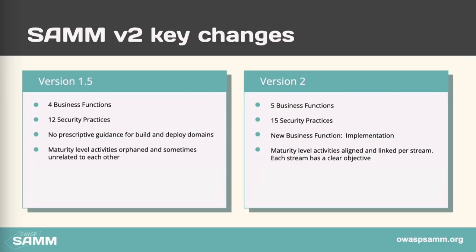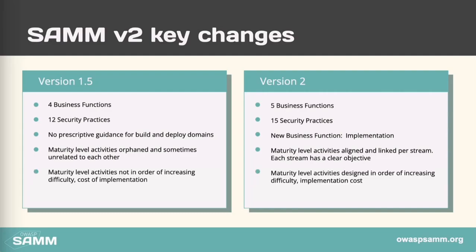We've added prescriptive guidance related to secure build and secure deploy, and it was not there in the previous version. We have aligned the maturity level activities and linked them in streams. Each stream has a clearly defined objective. We've also made sure that in most streams, maturity level activities are designed in order of increasing difficulty and implementation cost.